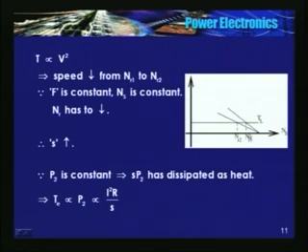Now the machine is operating at NR2, so there is an increase in the slip compared to the previous case. P2 is constant and it is independent of the speed of rotation. That's what you have proved. So S times P2 is dissipated as heat.